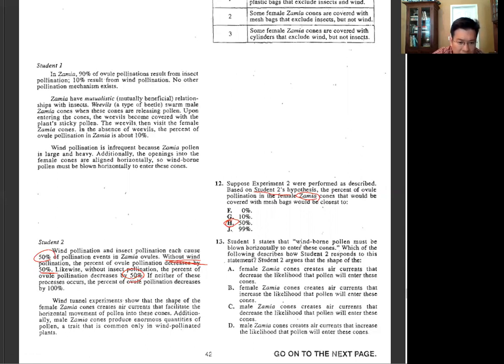Student 1 states that wind pollen must be blown horizontally to enter these cones. How would student 2 respond to this? Okay, student 2 is saying that it's blown horizontally to enter these cones.